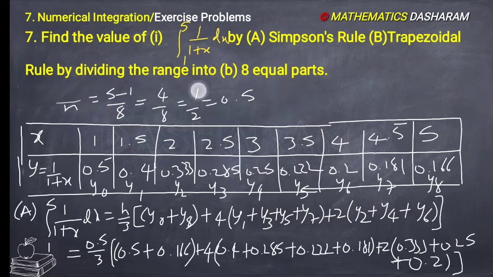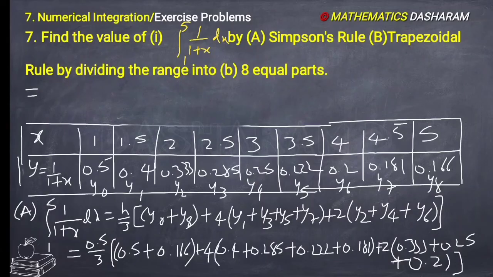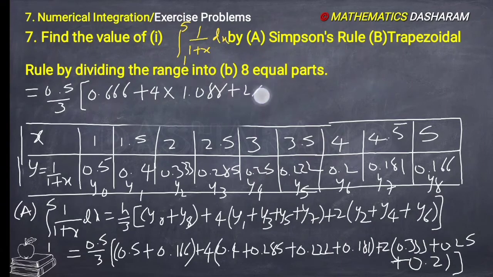So now let's simplify the answer. It is equal to 0.5 divided by 3 bracket of 0.5 plus 0.166 is 0.666 plus 4 into 1.088 plus 2 into 0.783.